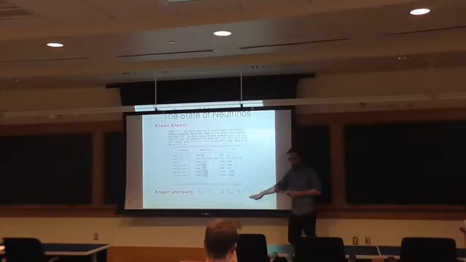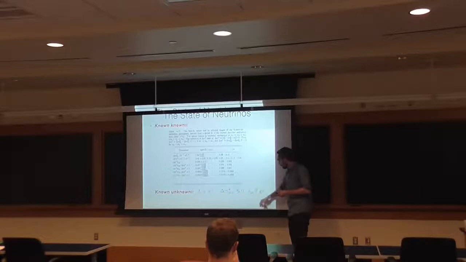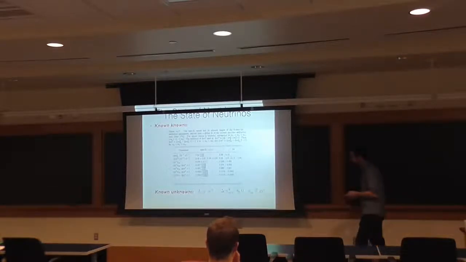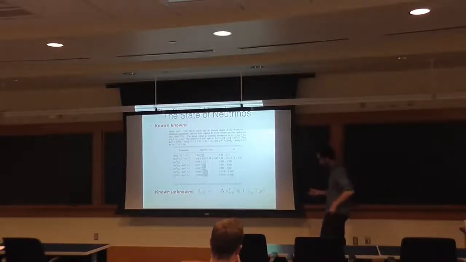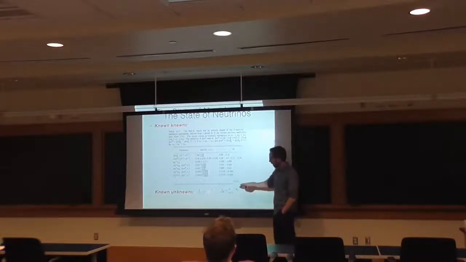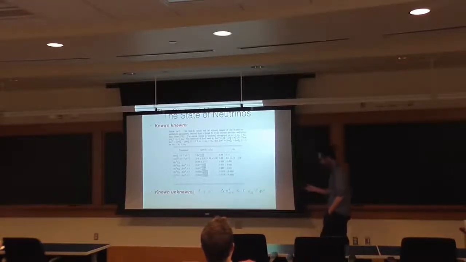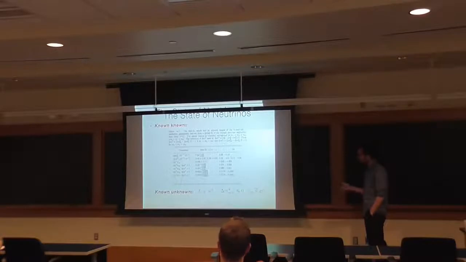We don't know, is it exactly 45 degrees, or is it a little bit below or a little bit above. Future data will be able to tell us some of these important questions about the things we know we don't know in our existing framework. But the things I'm going to talk about today are really more along the lines of things that we don't know if we don't know.